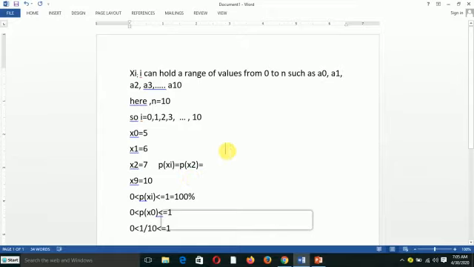It means p(x0) plus p(x1), and we continue till p(x9), must be equal to 1, or equal to 100%.